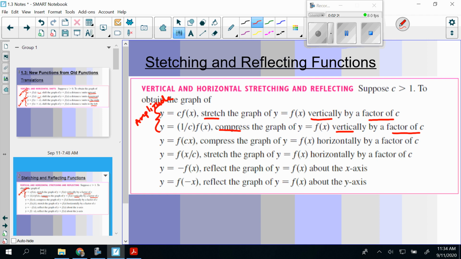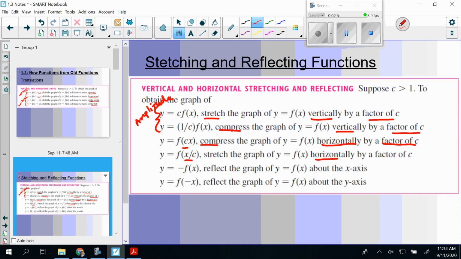All right, if you multiply or divide inside the function, we know inside the function, that's horizontally. So anytime it's inside the function, it's going to be horizontally. And remember, it's opposite. So multiplying by a whole number actually compresses it instead of stretching by whatever that number is.